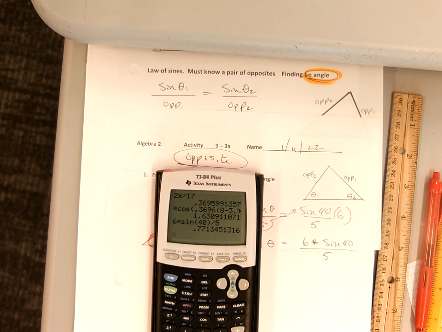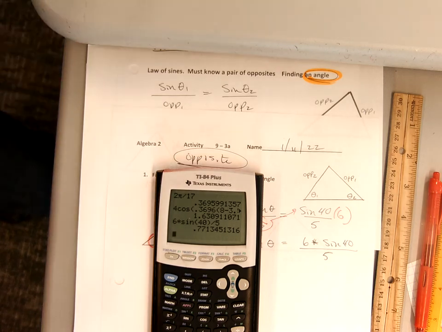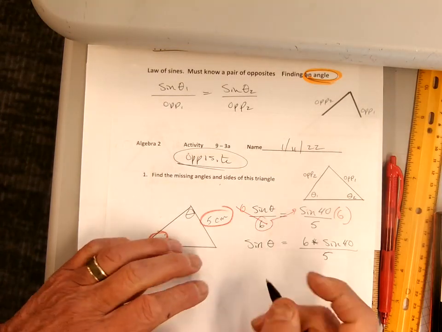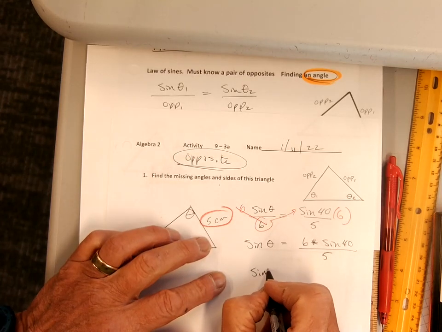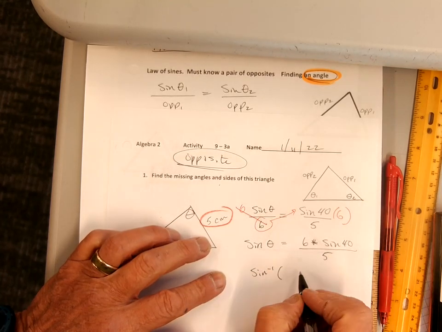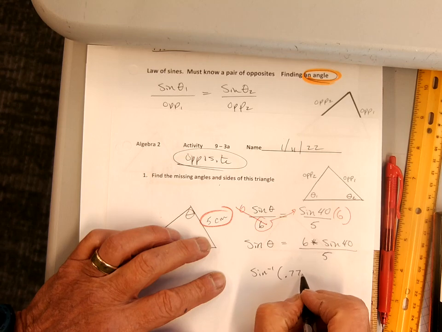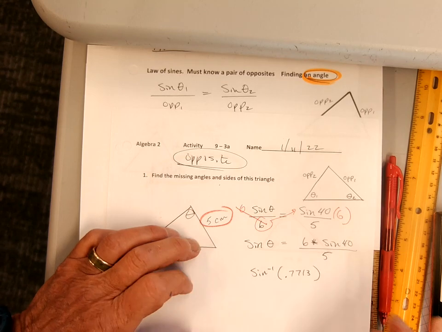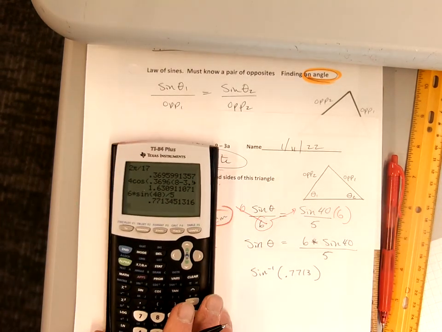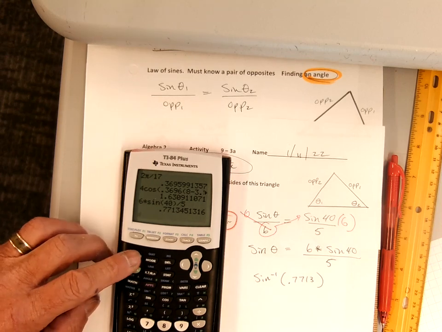So to get the angle, I have to push the sine inverse. I'm looking for an angle, so I'm going to go, all right, sine inverse of whatever this was, which was 0.7713, blah, blah. Now my calculator has a button that helps me out with this, sine inverse.